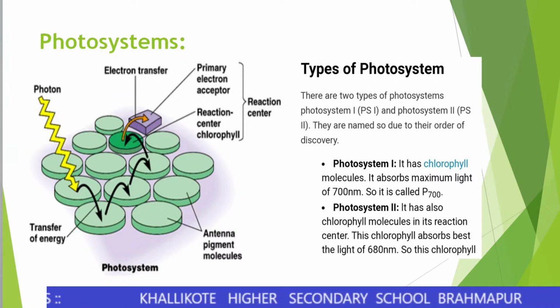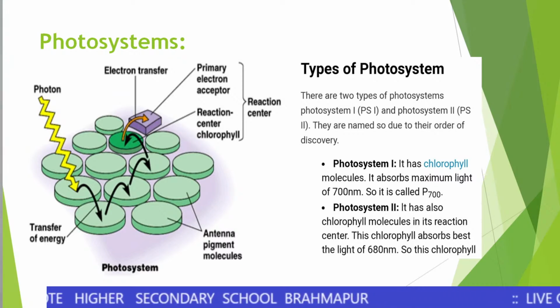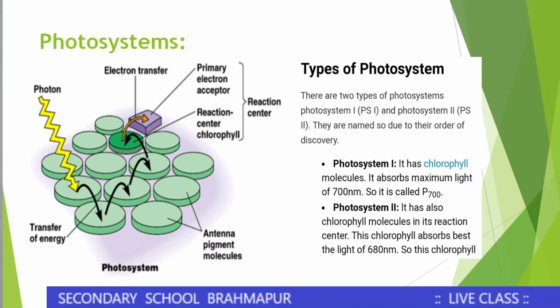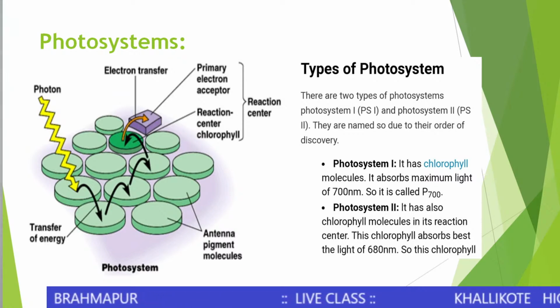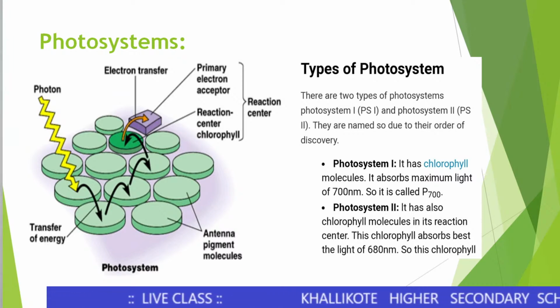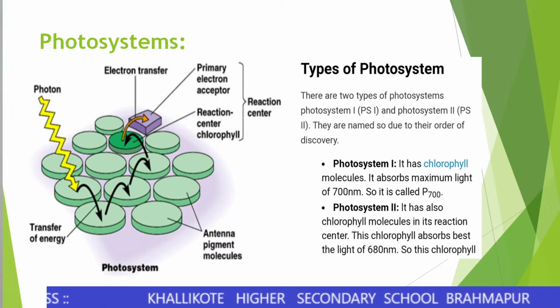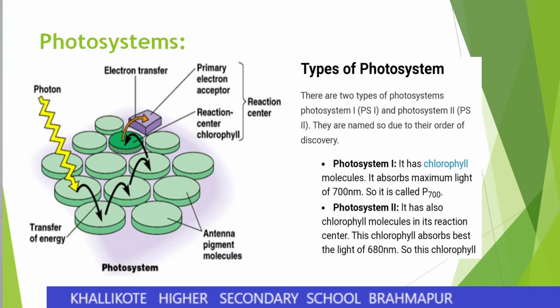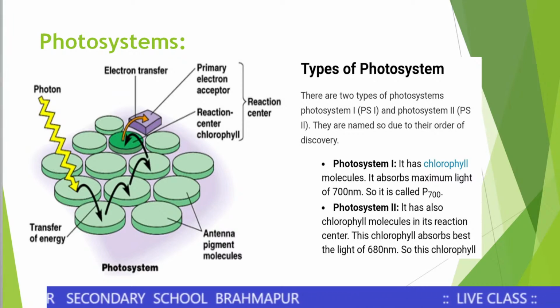The photosystems here are divided mainly into two types: one is photosystem 1, the other is photosystem 2. Photosystem 1 has chlorophyll a as the reaction center molecule, which absorbs a maximum wavelength of 700 nanometers.